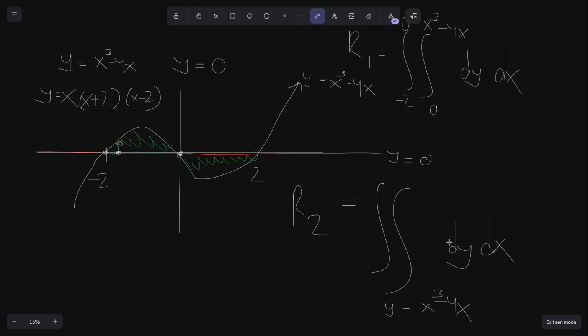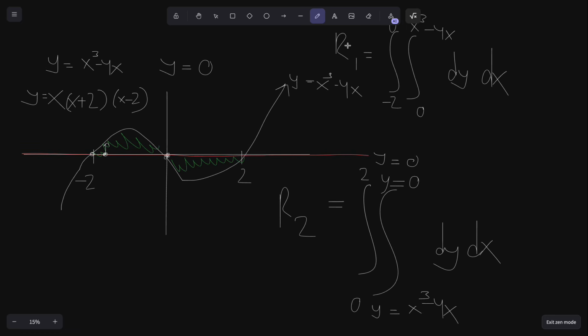Right, that's our lower bound, and our upper bound is y is equal to 0, right? And then this is going to be from 0 to 2. And then if I sum up the value from R1 and R2 together, then I should get the answer to this.